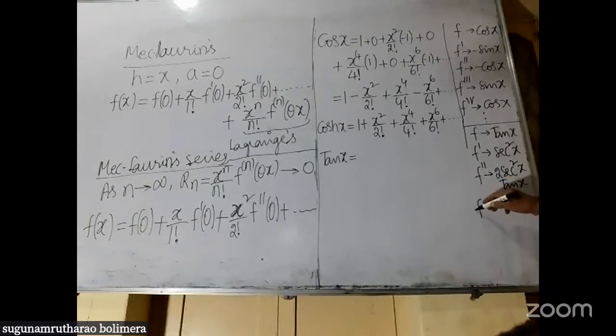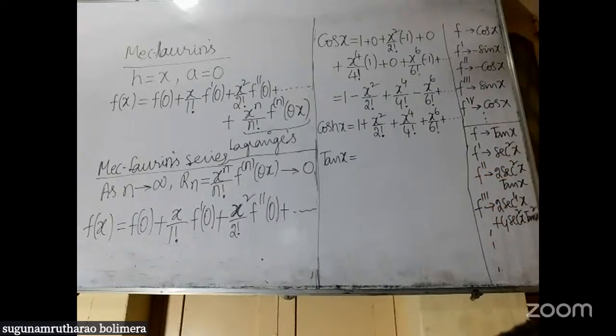F triple dash will be 2 secant square x into the derivative of tan x, which is secant square, giving 2 secant power 4 x, plus, if you differentiate this again, 4 secant x into secant x tan x into tan x, 4 secant square x tan square x, and so on.